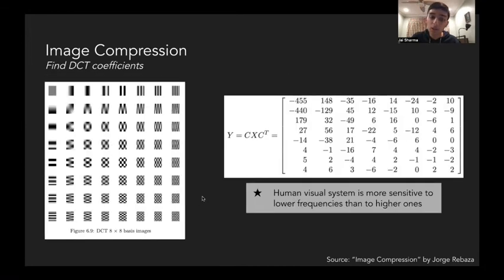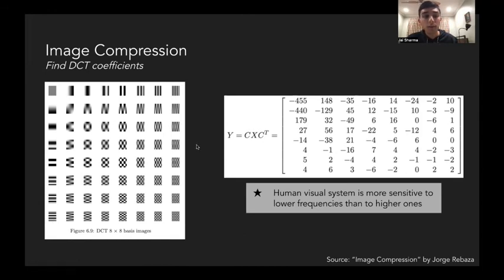And so the theory is that any 8x8 image can actually be represented as a linear combination of these 8x8 basis matrices. In the upper left-hand corner, you have a completely flat sheet, and in the lower right-hand corner, you have a complete checkerboard pattern. As you go to the right, there's more frequency in the vertical direction, and as you go down, more frequency in the horizontal direction.